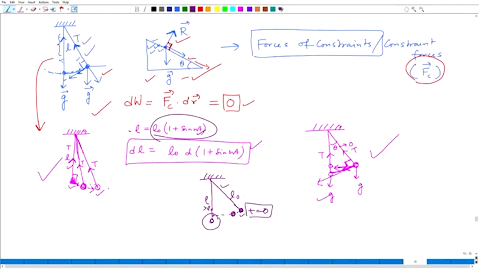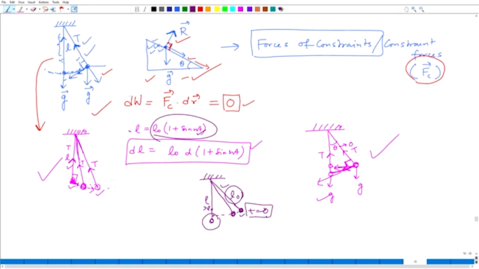Then what happens? Since t is equal to 0, the initial length should be L0, but now according to your imagination, your L0 will be the length at this position.